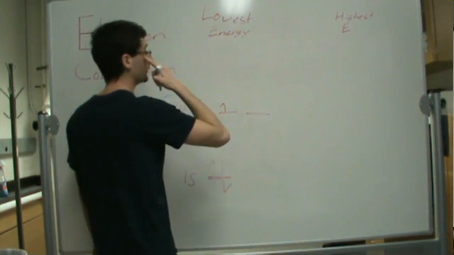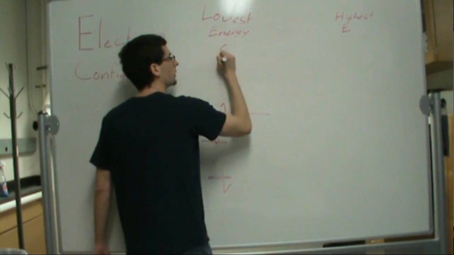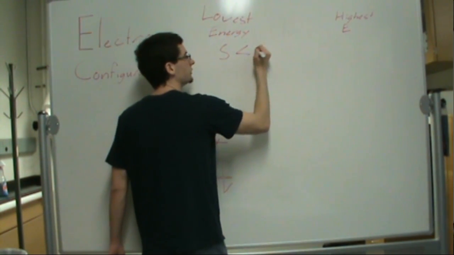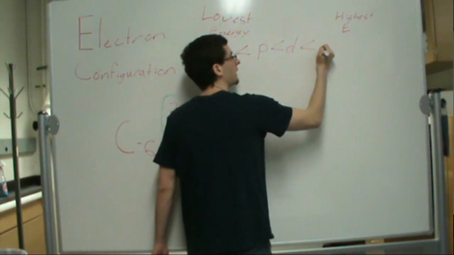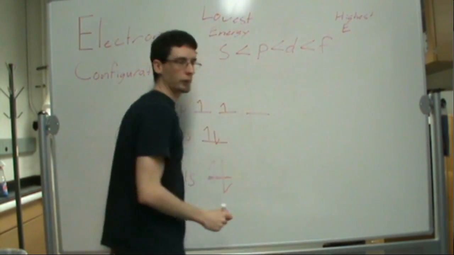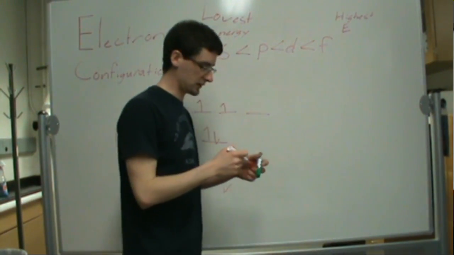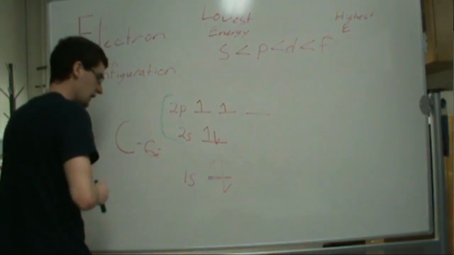If we move through our orbitals, s would be the lowest in energy, followed by p, followed by d, followed by f. We can go further than that, but in most cases you really don't worry about that.